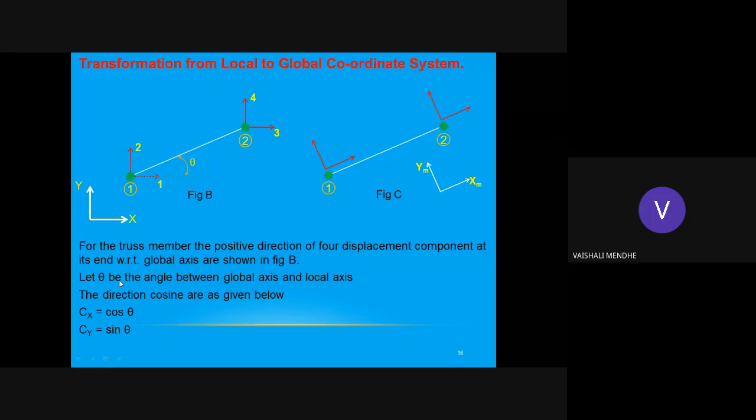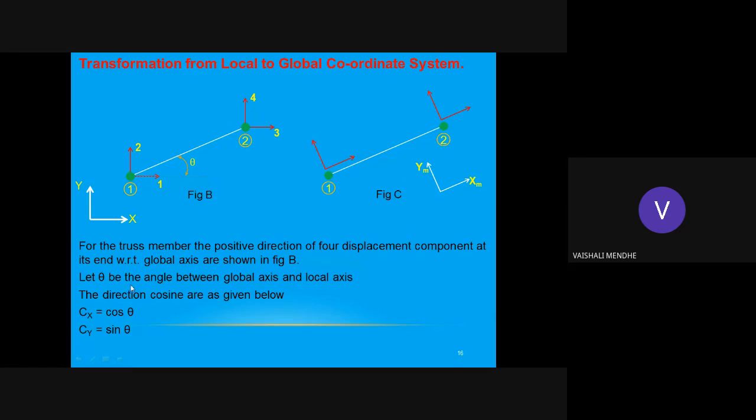Let theta be the angle between the global axis and the local axis. In figure B, along the dotted line, this will be the member's global x, and this white line will be its local x.